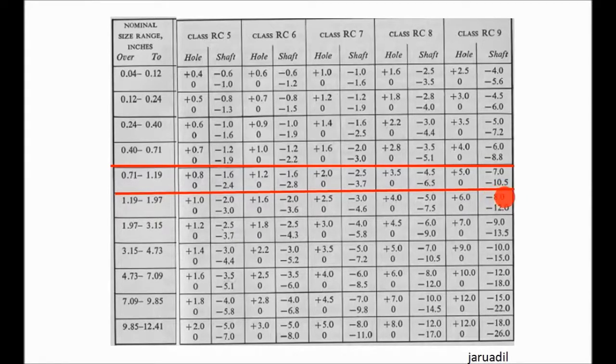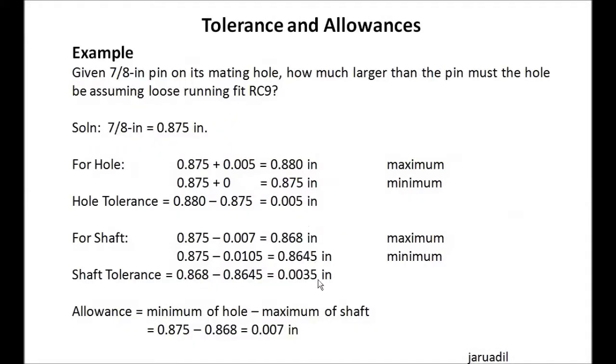Okay, itong 10.5 magiging siyang 0.0105. Yan, 0.0105 yung 10.5 doon. Ito naman yung 7. So, ang maximum niya is 0.868, ang minimum is 0.8645. Or ang shaft tolerance, pag sinubtract mo yung maximum minus minimum, 0.0035. Makukuha mo rin yan kung isa-subtract mo itong dalawang ito.